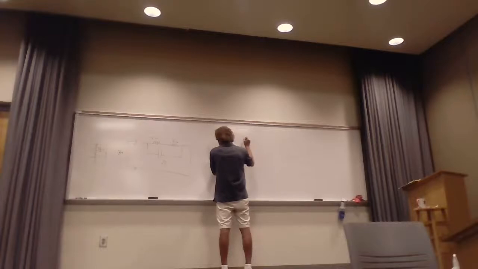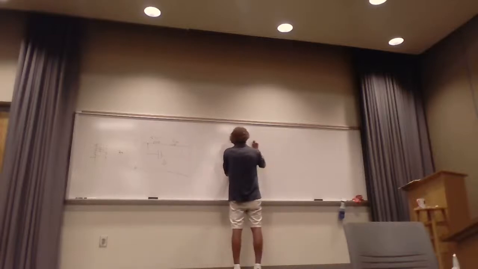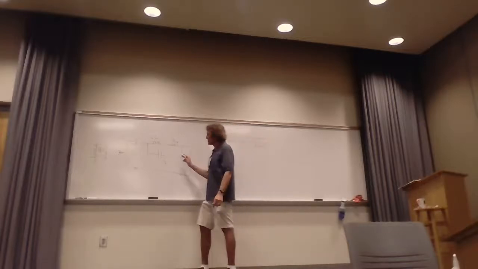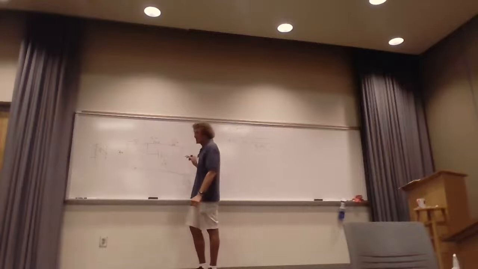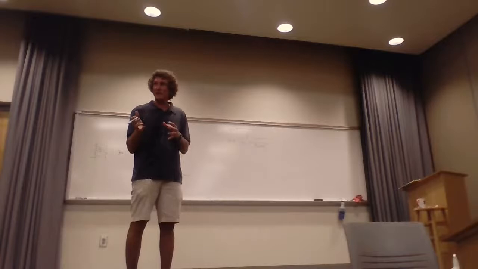So depending on how you want to write this, I can do it this way. 1 over this impedance, or SC, plus 1 over that impedance, which is 1 over R plus SL. What I'm doing here is taking 1 over this impedance plus 1 over that impedance because they're in parallel. It's 1 over the first impedance plus 1 over the second impedance. Y'all remember doing this stuff, right?